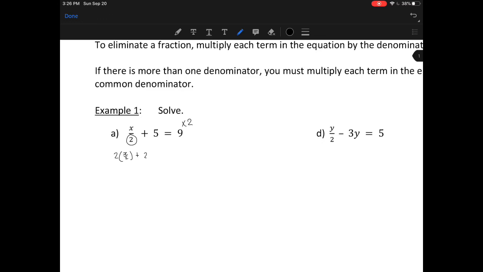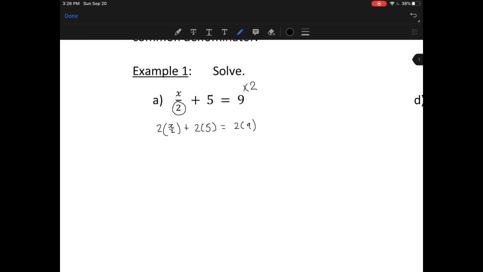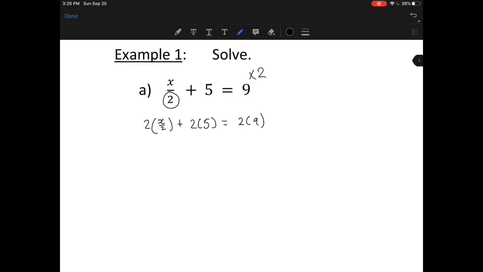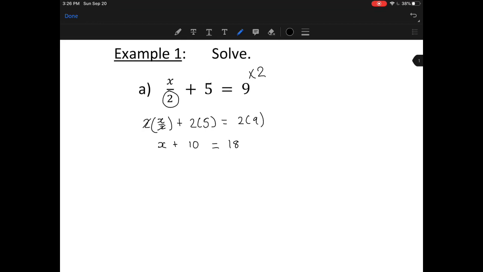So I'm going to write 2, and I'm going to multiply each term in my equation by 2. By multiplying everything by 2, we'll see all of our fractions will disappear. So we see here 2 times x divided by 2, the 2's cancel out, and we're left with just x. 2 times 5 is 10, and 2 times 9 is 18.